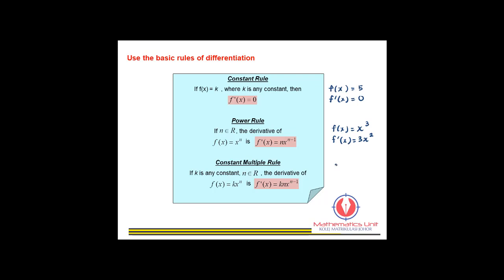So if I have f(x) equal to 2x power of 3, so f prime x is equal to, our k is 2 and then n is 3, so 2 times 3 and then multiply with x power of n minus 1. So our n is 3, so 3 minus 1 is equal to 2. So we will get 6x power of 2.